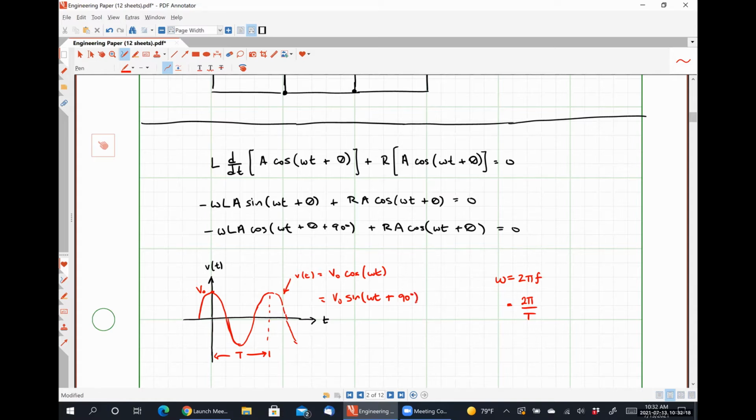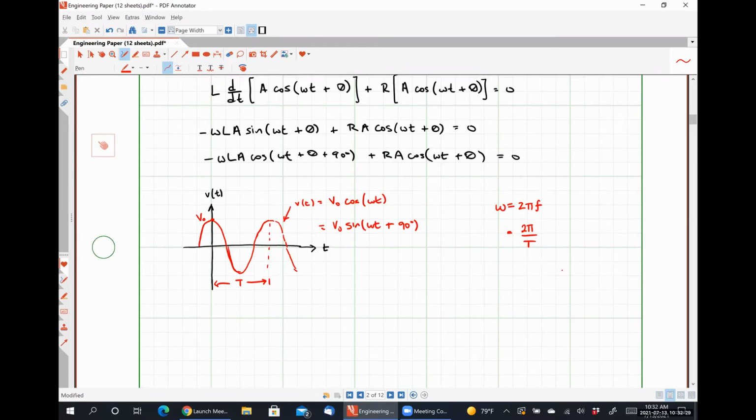So what I mean by that is if we evaluate this, let's say that we have cosine omega t here and sine of omega t plus 90 degrees here. I'm going to make a table here.